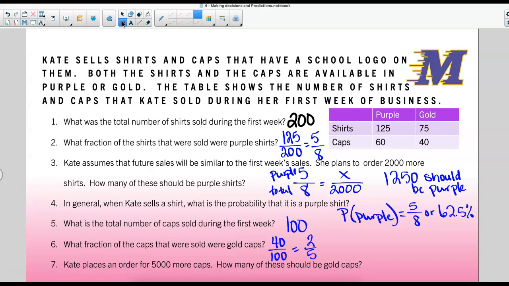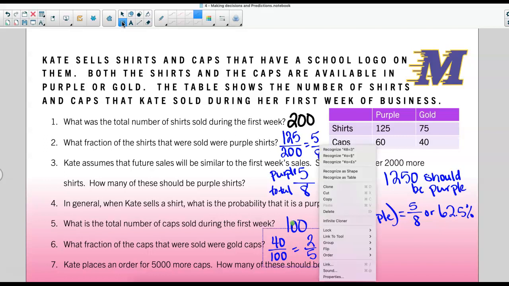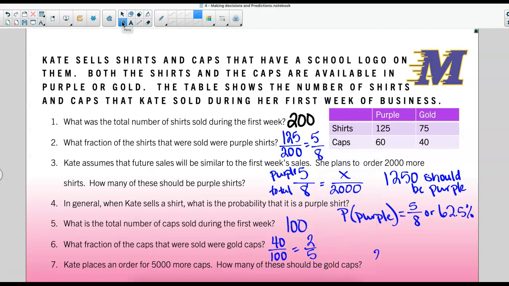How many should be gold caps? We're going to use that fraction, 2/5: 2 out of every 5 were gold. Where should I put the 5,000? On the bottom. And we solve this. What do you get, Sydney? 2,000 gold. The rest she should order purple.